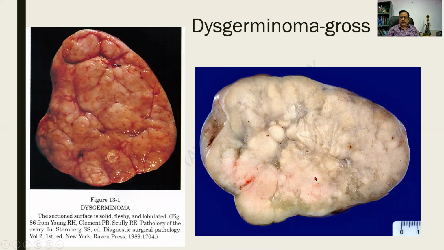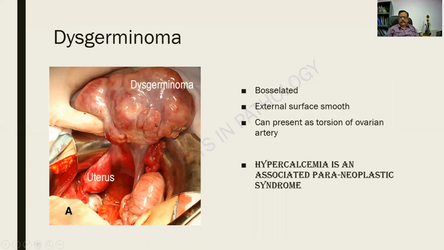We had described this earlier. So large, lightly bosselated, solid, fleshy. And this is a dysgerminoma that is being removed at surgery. Please appreciate the external surface that is bosselated, smooth, somewhat brownish, shiny because of an intact capsule, but still it is malignant.